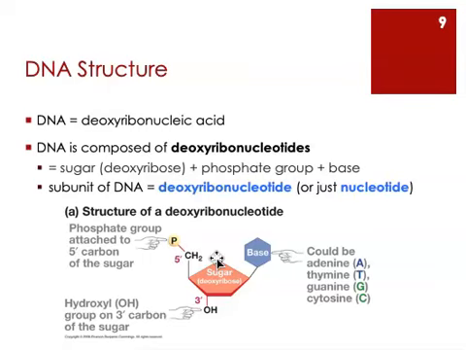Now, something to know that's important for DNA structure is that when you see a molecule that has a ring formation like this one, the carbons in that ring are numbered. And it's important for us to know which carbon is which, because there are 2 carbons in this sugar that are going to be important for us in terms of orienting ourselves to the structure of DNA.